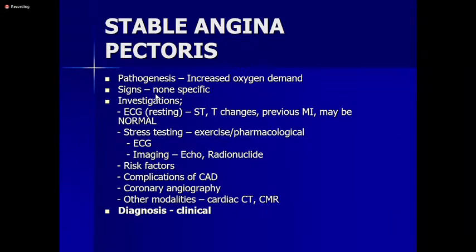They have had an amputation, they have severe arthritis, etc. So we can also use pharmacological stress, which is anything that will increase your oxygen demands, like we use dobutamine, etc.